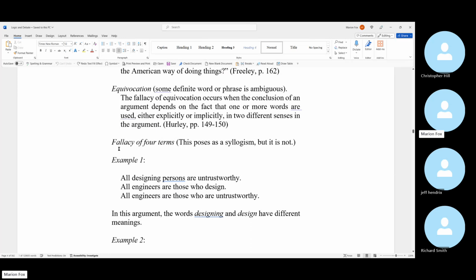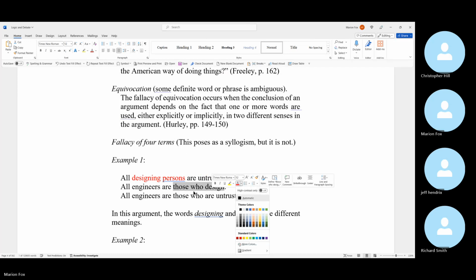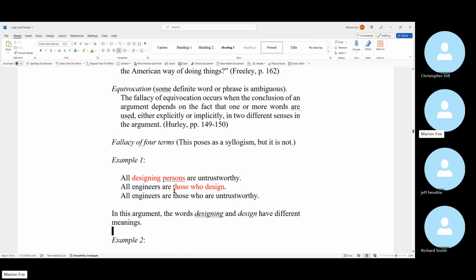Designing persons and those who design are your two middle terms.